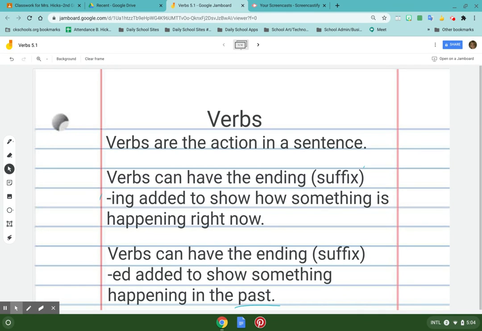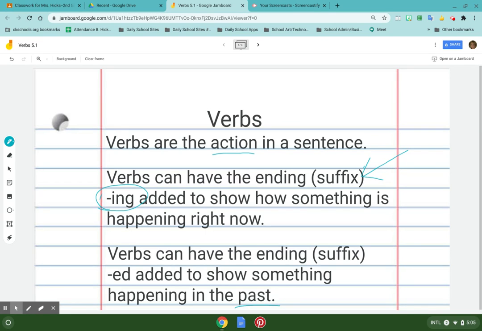Whenever you add an ending to a word, it's called a suffix. So remember that verbs are the action in a sentence. When you add an ending like ing to a verb, you're adding a suffix.